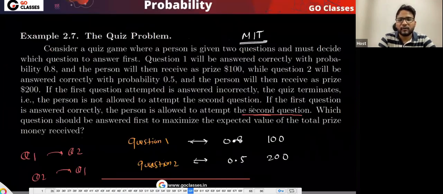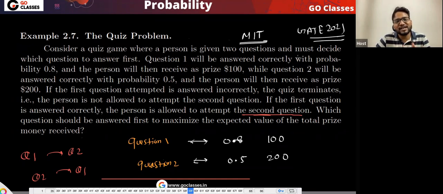Anyway, why I'm telling you this is that this question was in the MIT book, and to my surprise, the exact same question, I don't know, the data they might have changed, but the exact same question they asked in GATE 2021. You check the question of GATE 2021. They have asked the exact same question that was in this MIT book.